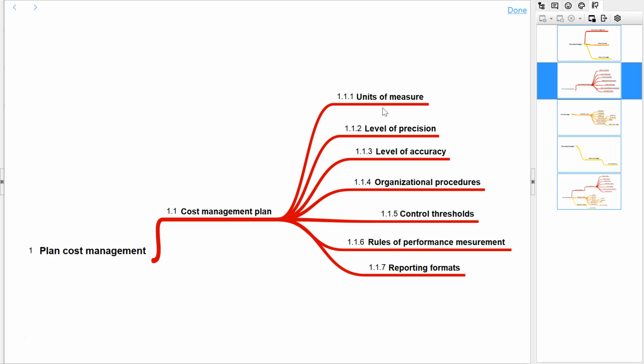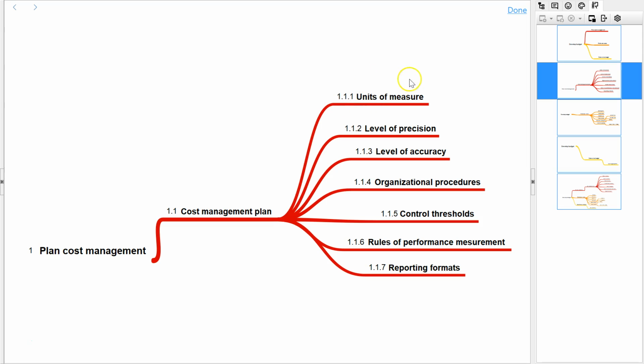So sometimes we measure manpower or man hours in most IT projects and then translate that into monetary terms. Whereas in a construction project, everything is measured in money, or sometimes it can be in square feet.